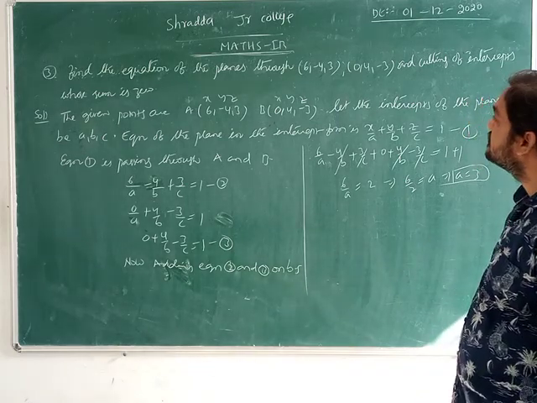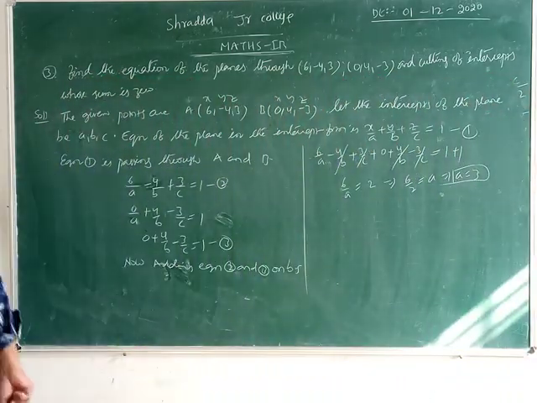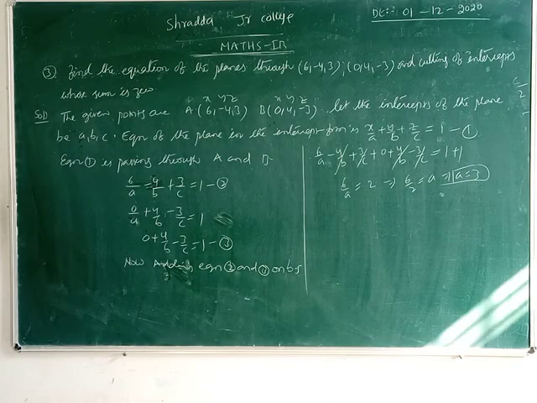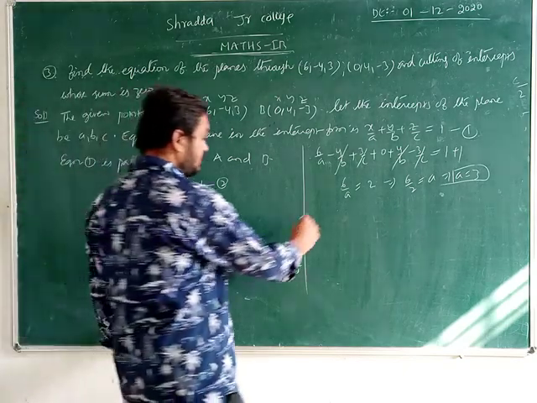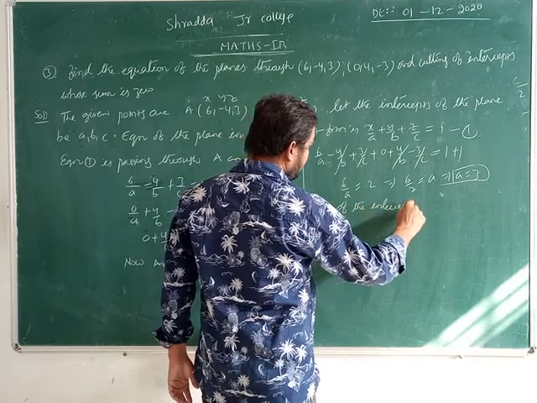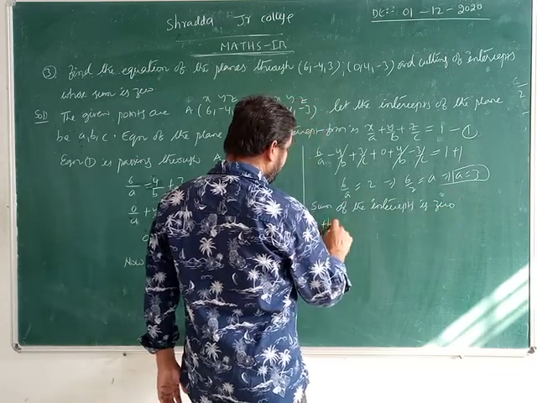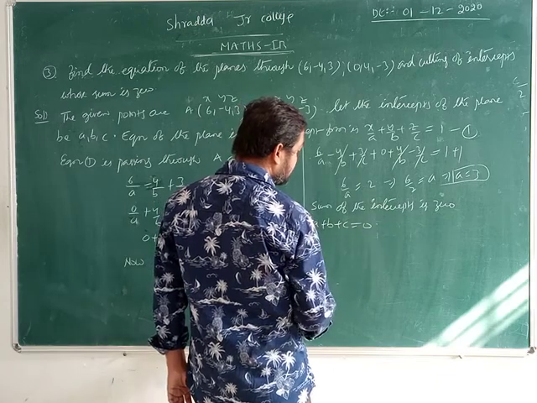So now a equals 3. What are we doing next? The sum of the intercepts is 0. So a plus b plus c equals 0.